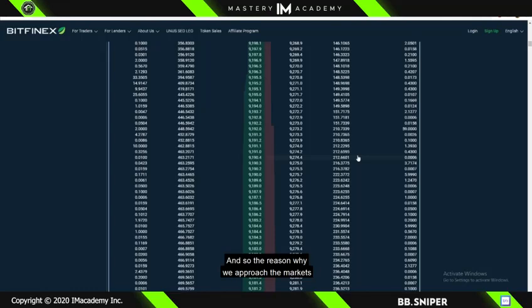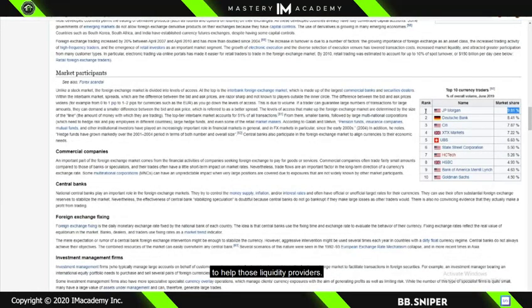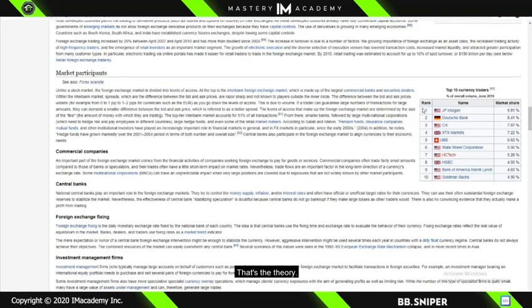And so the reason why we approach the markets in the way we do is we believe that the wrong information is being taught to the masses because somehow you've got to create liquidity to help the liquidity providers. And so that's the theory.